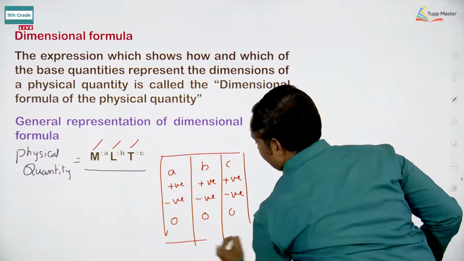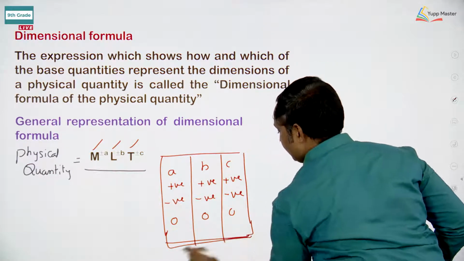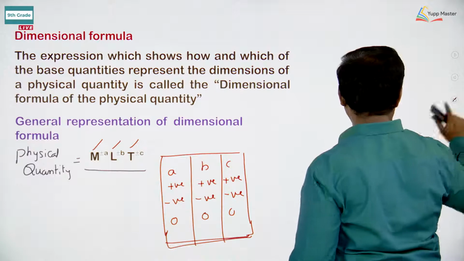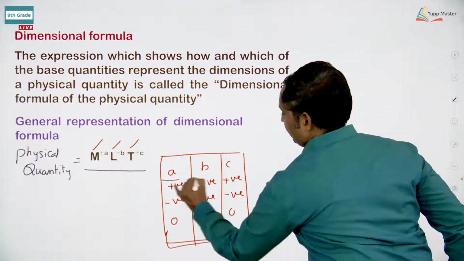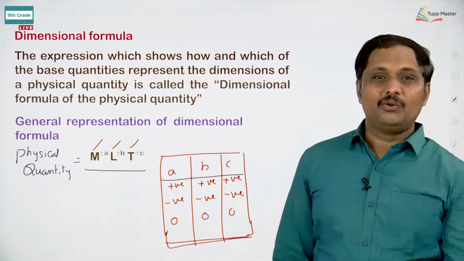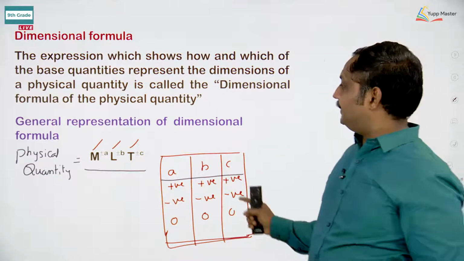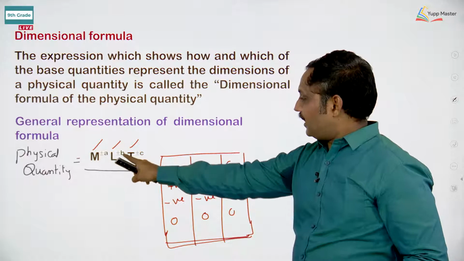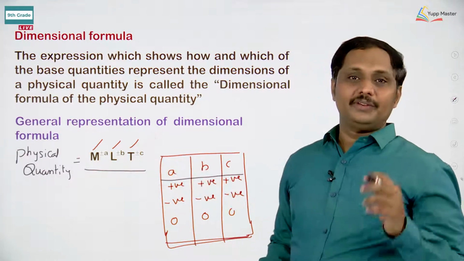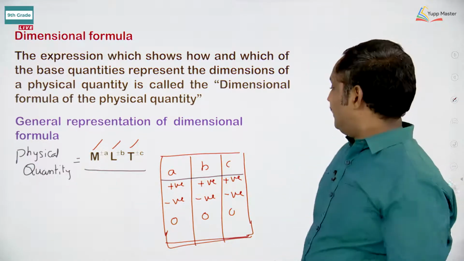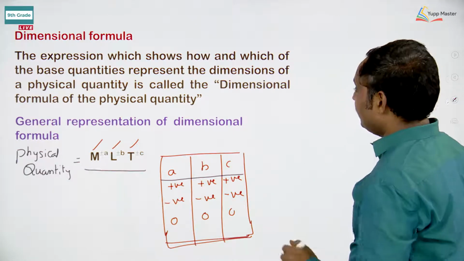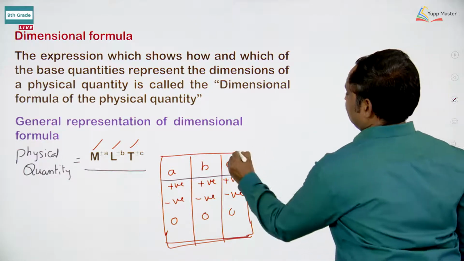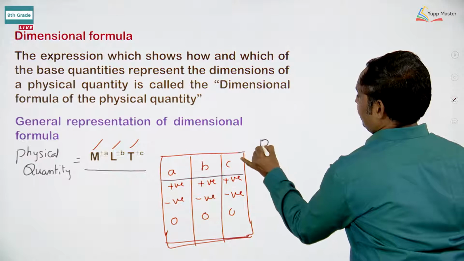You can take this table, which is very, very important. Now, it is very clear if you are going to take physical quantities which are going to be identified with the power, that is M power A, L power B and T power C. It is the representation. So, how you will identify this? With the help of pressure.